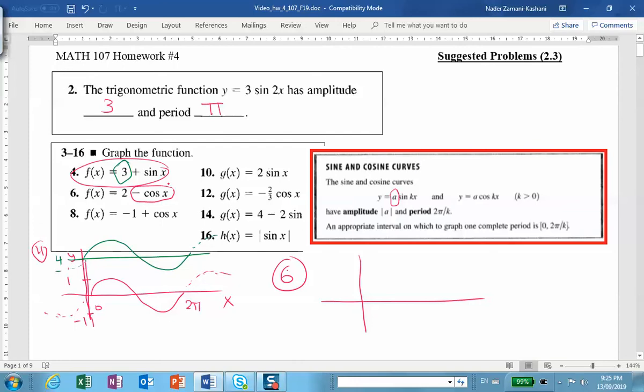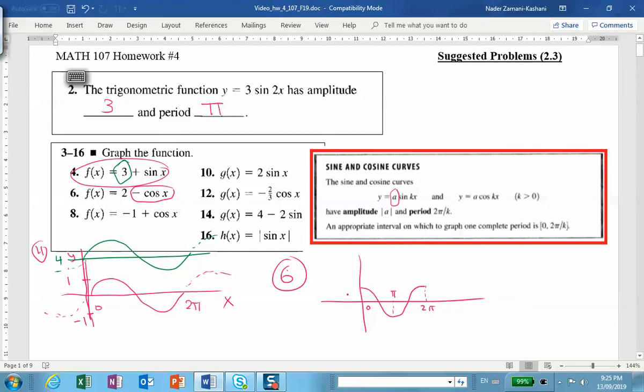Remember, cosine is just like a sine except that it's shifted by 90 degrees. So it looks like that. This is 0, this is 2 pi, here is pi, etc. And then when you say negative of that, that means it's flipped.